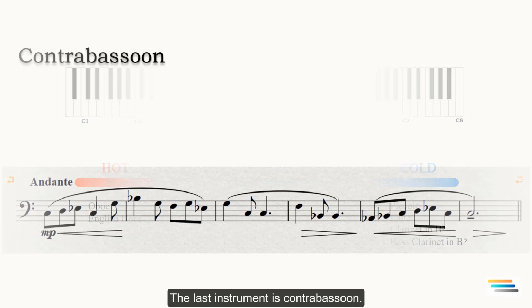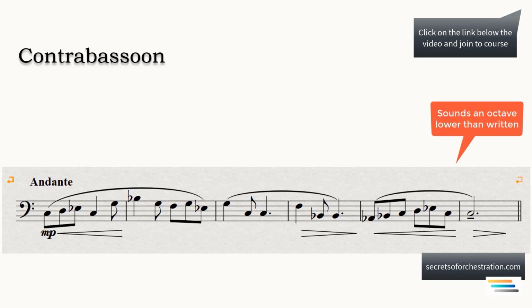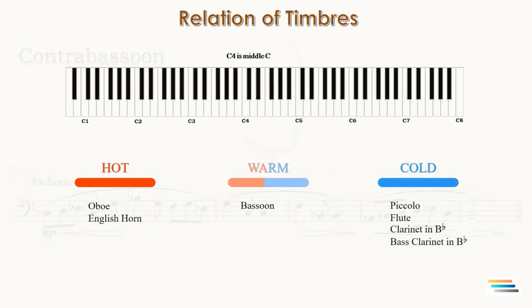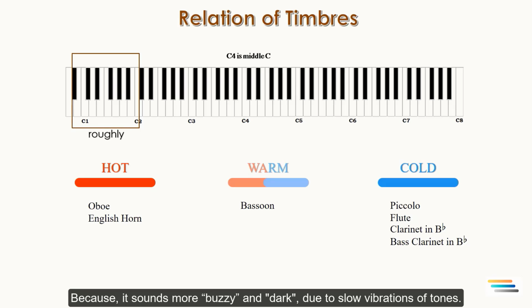The last instrument is contrabassoon. It is very hard to say which is the contrabassoon timbre below the C2, because it sounds more bassy and dark due to slow vibration of tones.